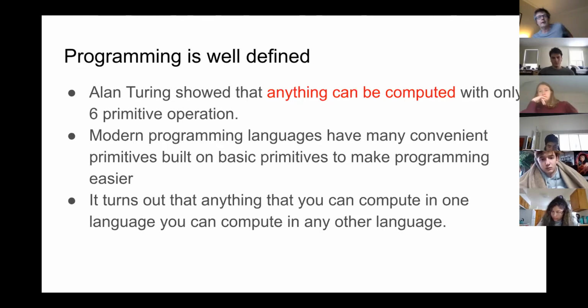Now, we're not going to talk about what those are, but you don't need very many different things to do anything that a computer can do.